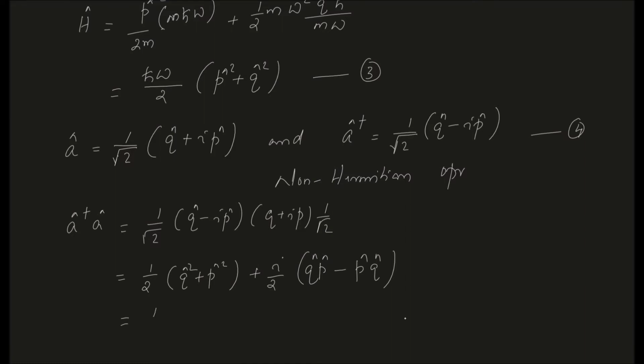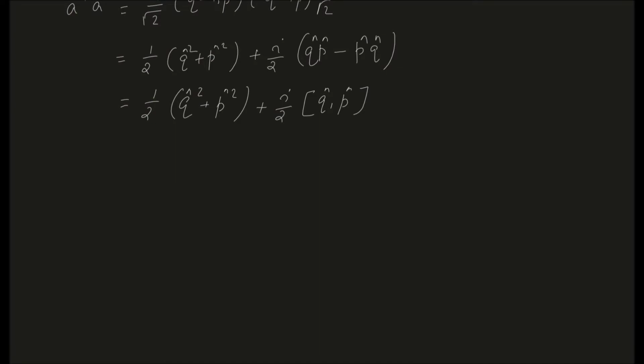So this can be written as half (q square plus p square) plus i by 2 commutator qp, because qp minus pq is the commutator qp. So let's put equation number 5.